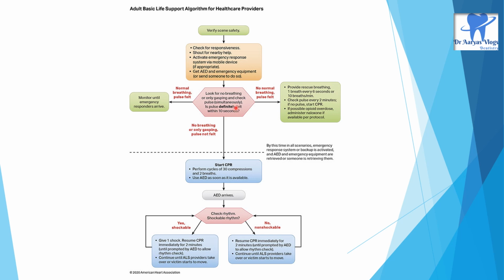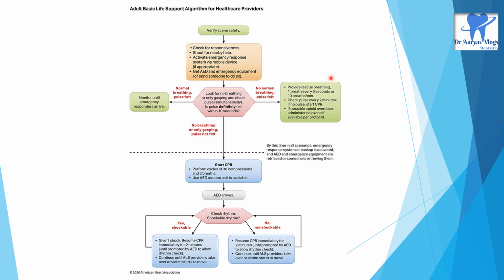And look for no breathing or only gasping, and check the pulse simultaneously. If a pulse is definitely felt within 10 seconds and there is normal breathing and normal pulse, monitor until emergency responders arrive.